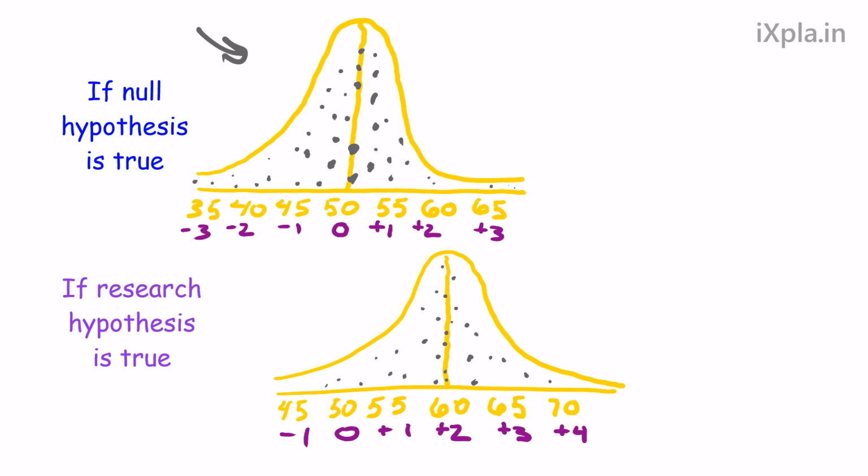If you conclude that the null is false, then you assume that the research hypothesis has to be true. So you're really trying to decide which of these two curves is more likely to be the accurate situation. The thing is, you're only going to have one data point in order to make that conclusion.